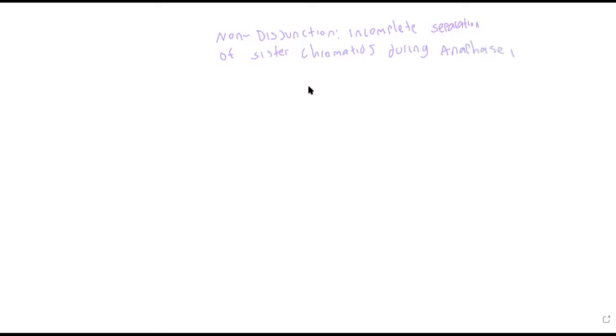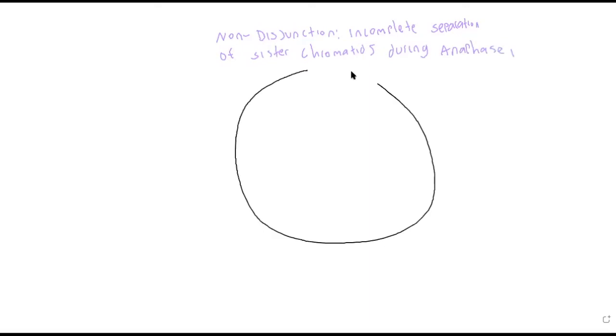Now, if you remember, during anaphase 1, the sister chromatids have separated. So the tetrad, the newly recombined sister chromatids have separated. So if you need a reminder, this is what should happen during anaphase 1.